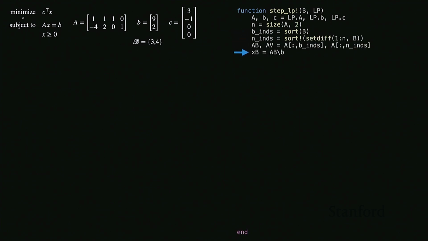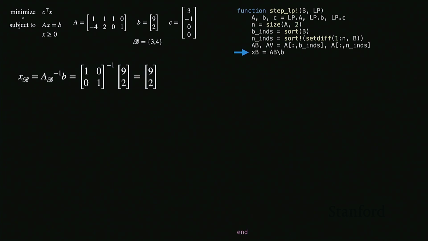Now we're going to continue on. We've also read in the free indices. That set difference is taking the set difference between the n components and whatever is in B, so whatever is not in B goes into our free indices. And then we're accessing AB and AV there. So we solve for x basis like before.